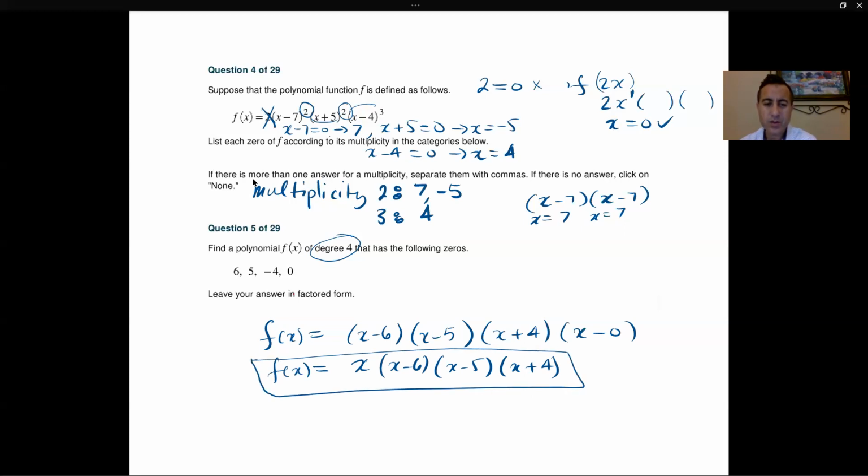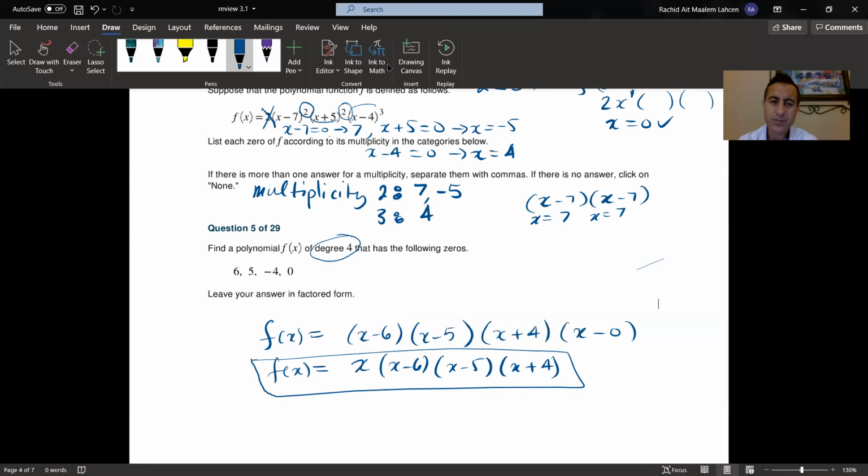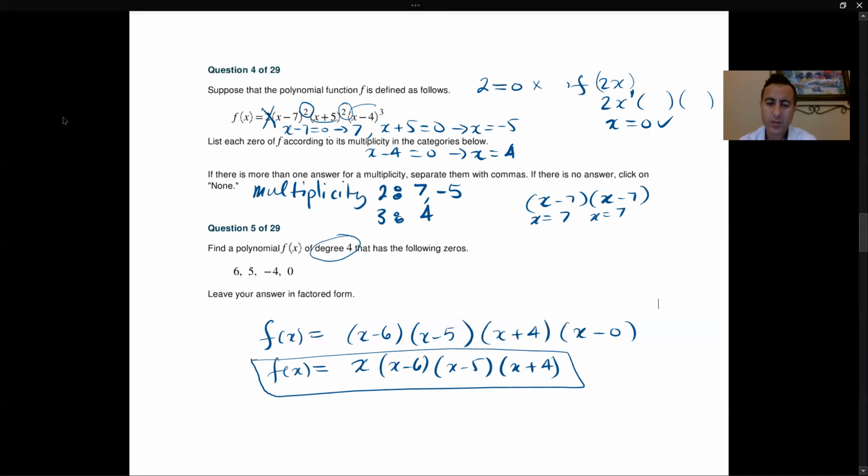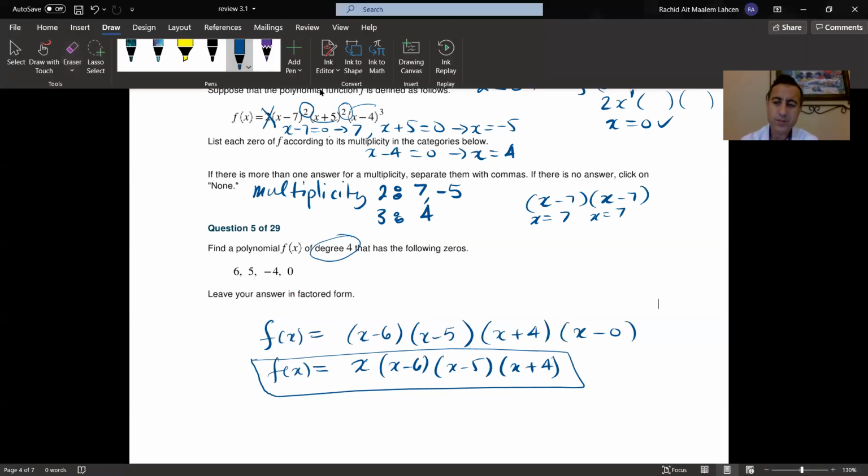There is no discussion about leading coefficient and points there. So that's what we're given as far as the information that we have. That's the solution. All right, so let's scroll down.